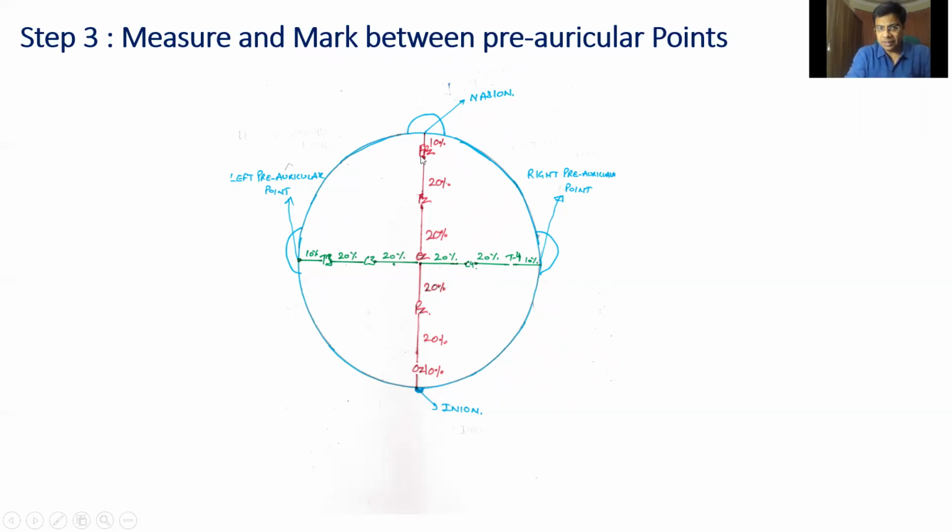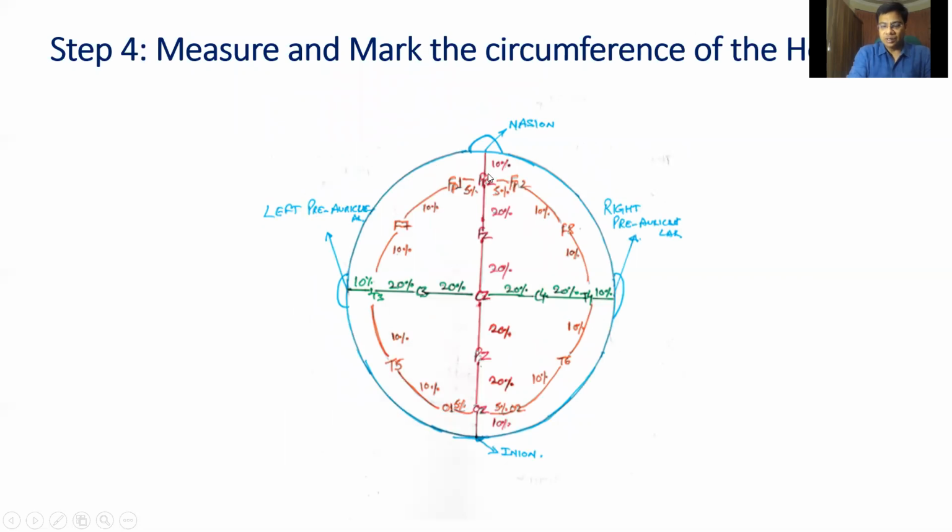Before that, I want to remind you that we have found FPZ, T3, OZ, and T4. Now we need to measure the circumference starting from FPZ, passing through T3, through OZ, through T4, moving back to FPZ. This is how you measure the circumference of the head, and generally it is 56 to 58 centimeters in adults.